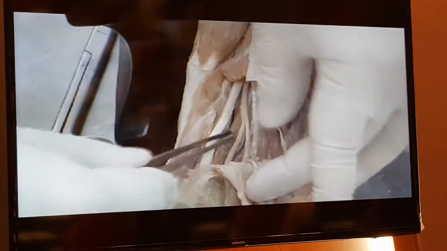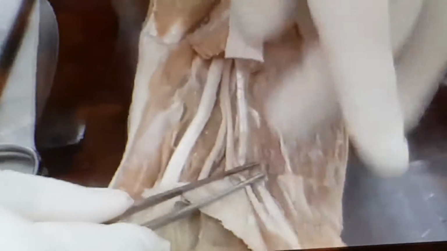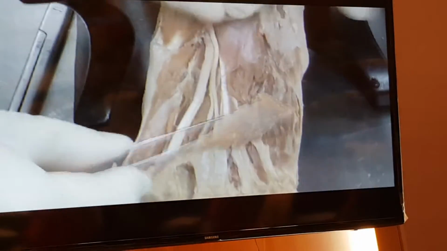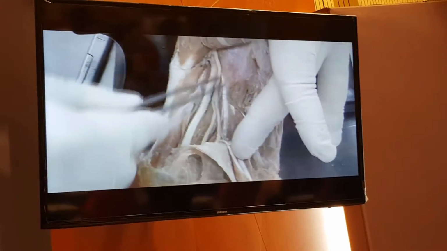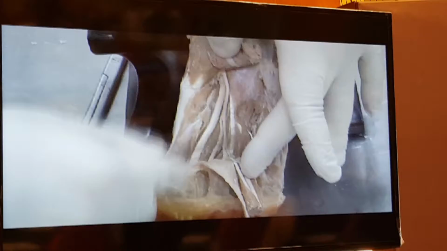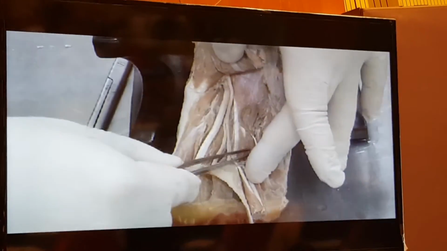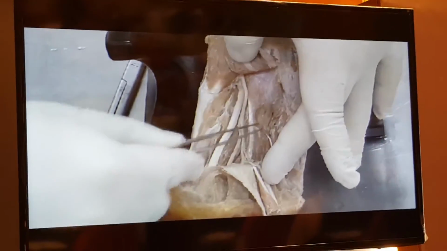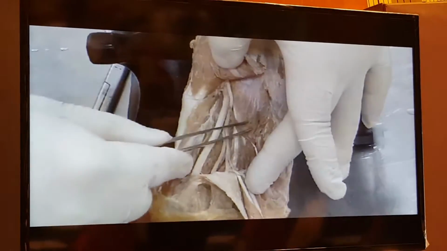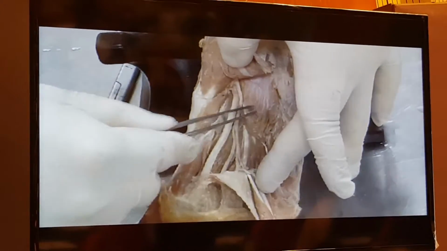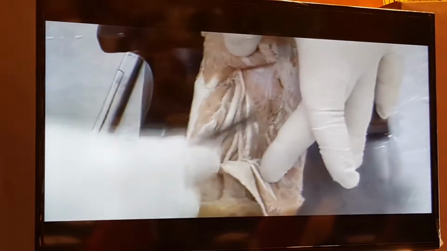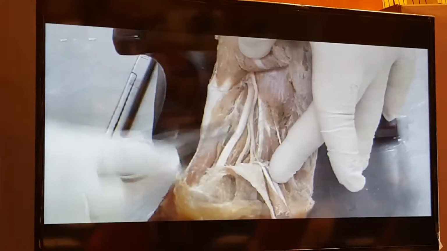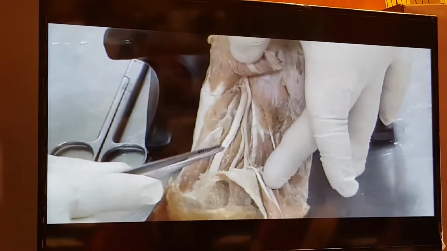And behind is the quadratus plantae muscle, attached to the flexor digitorum tendon. In front it is attached by the lumbrical muscles, behind by the quadratus plantae muscle. This is our flexor hallucis longus tendon.